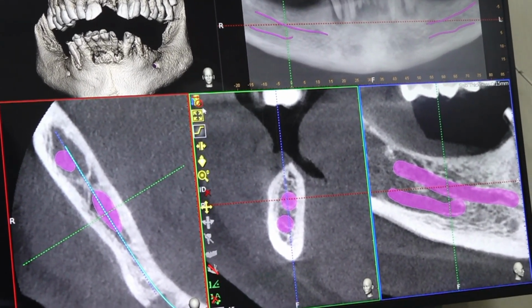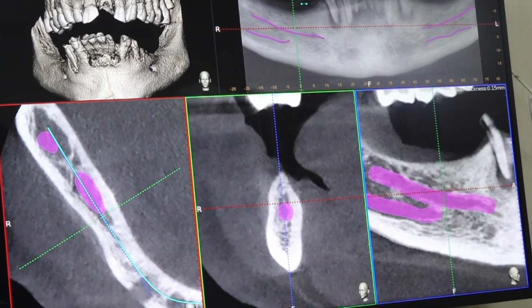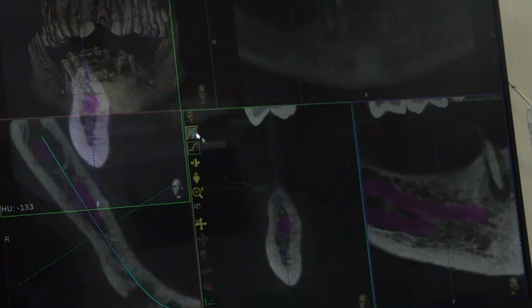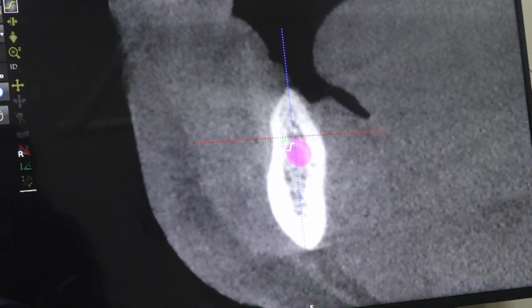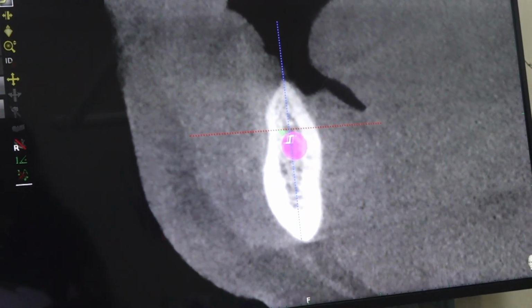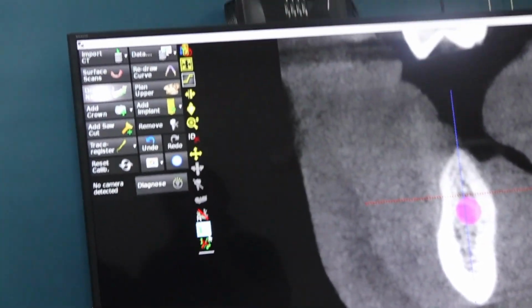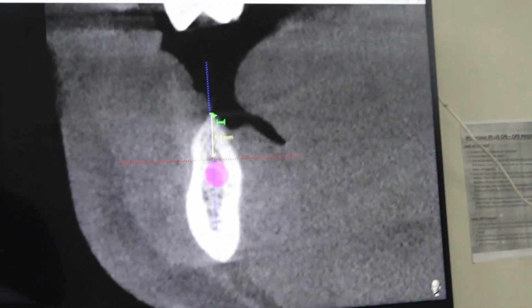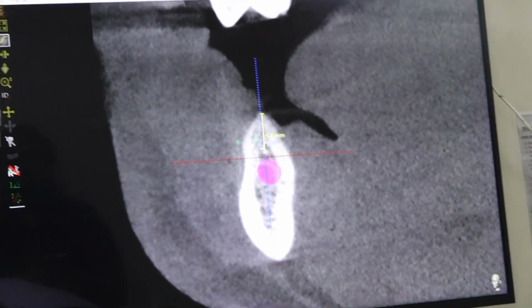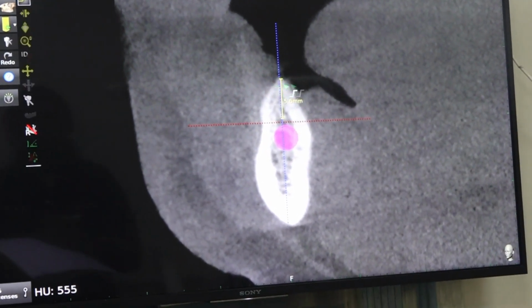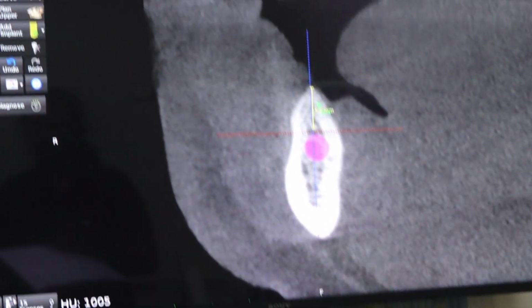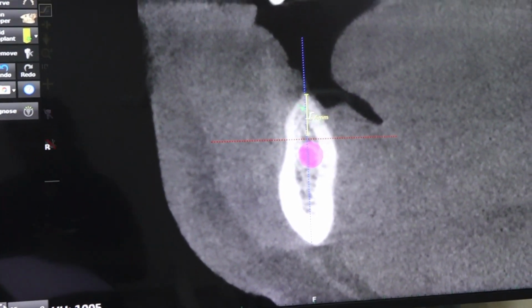Okay, so this is the 6 region, probably distal root of 6. There is no mylohyoid ridge, no proper crestal bone. The bone is here only 5 mm. Even the top 2 to 3 mm is thin, right? Even the width is not good.